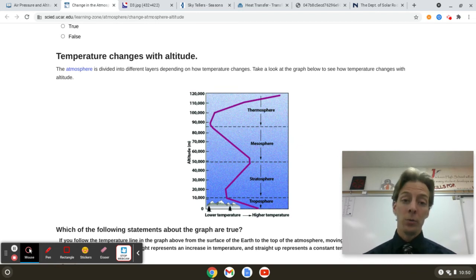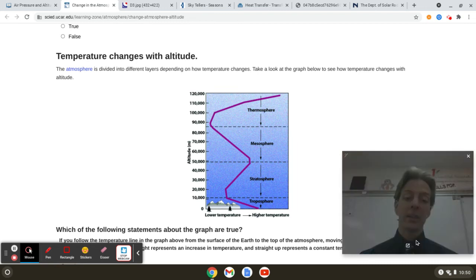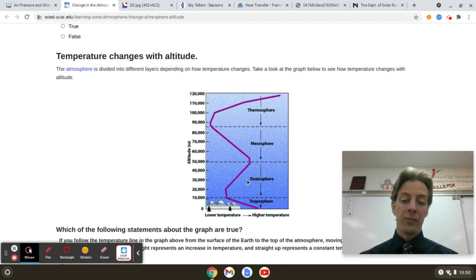And on Earth, as you go up through the troposphere, temperature decreases. In fact, these layers are the dividing lines. This is the troposphere, and then that dotted line is the tropopause, then the stratosphere and the stratopause. These dividing lines are based on where the temperature starts to go the other direction.